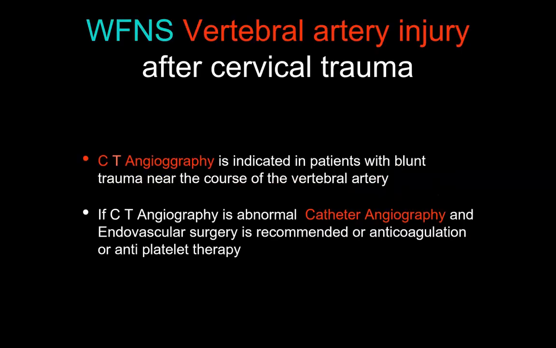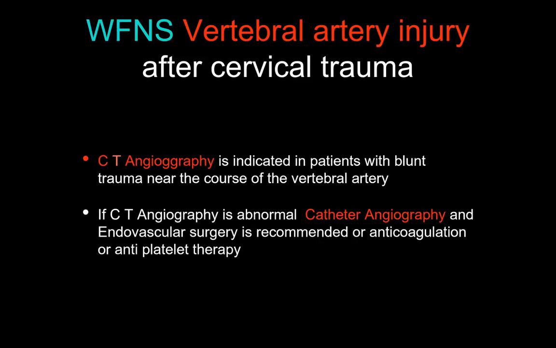very important. Also, the World Federation said that for vertebral artery injury after cervical trauma, you should do CT angiography. It is indicated in patients with blunt trauma near the course of the vertebral artery.